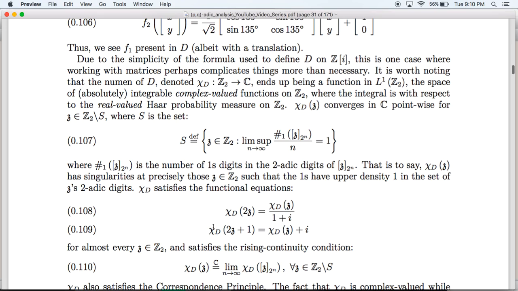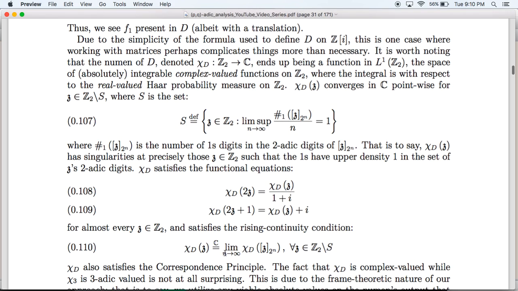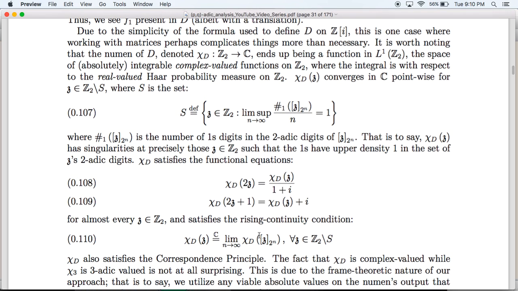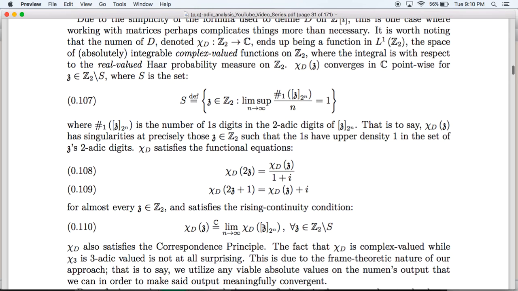Chi_D then satisfies these functional equations on the set of points z at which it converges, and satisfies the rising continuity condition, which here is stated as the limit, as n approaches infinity, of chi_D of z mod 2^n. Chi_D also satisfies the correspondence principle. As we'll see in episode 3, the proof is very nice and really can be easily adapted to any topologically complete valued field.